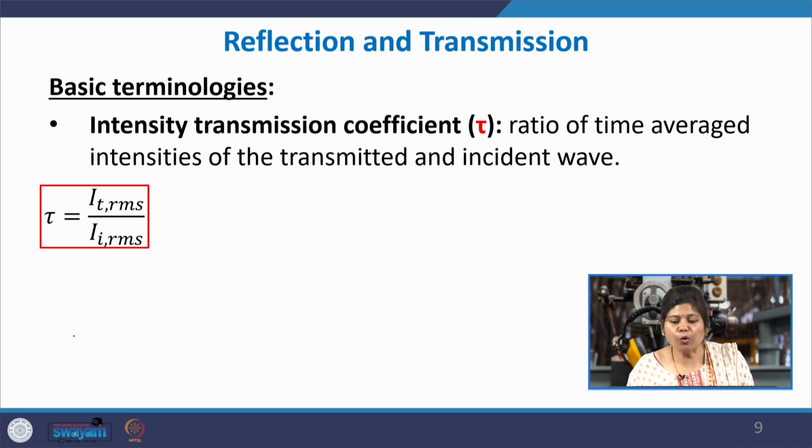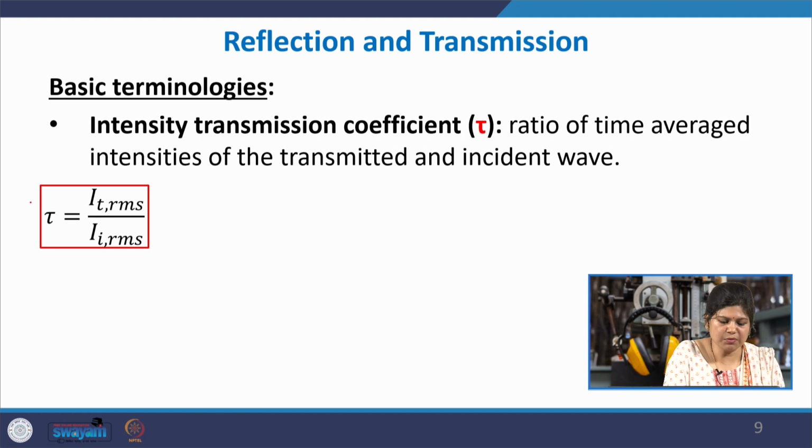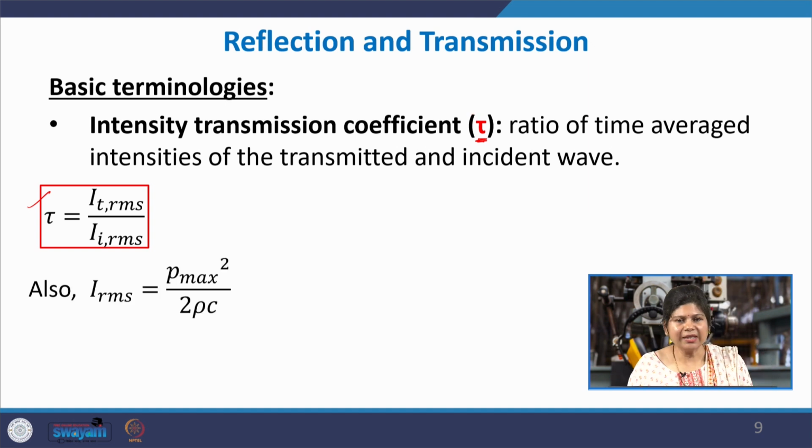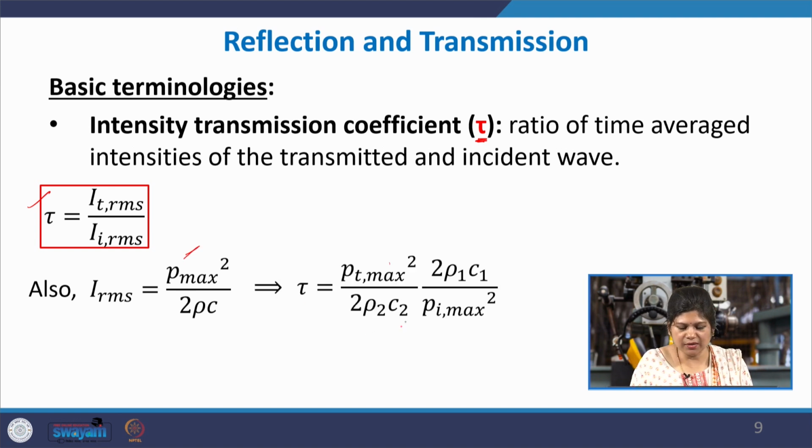The intensity transmission coefficient, again in the same way, is the ratio of the time average intensities of the transmitted and the incident wave. It is represented by this tau symbol. Let us derive a relation. Again using the same format, we have tau as this whole thing.